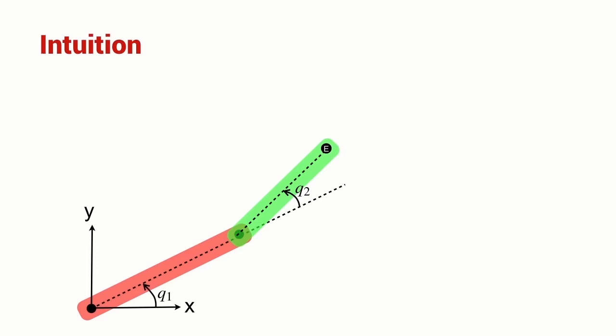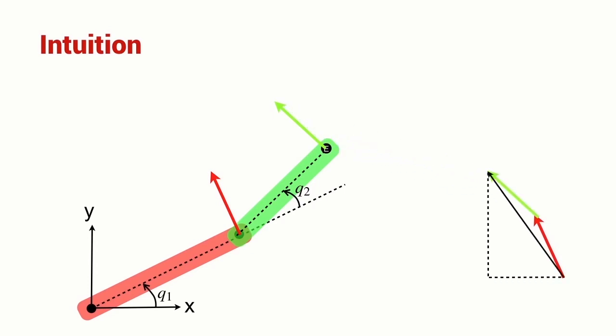Let's have a look at an example to get the intuition behind this. Once again, this is our two-link robot, and if I move joint 1, then the end of link 1 will move with a velocity like this. And if I move joint 2, then the end of link 2 will move with a velocity like this. The end effector velocity is the vector sum of these two velocities, so we can add the two vectors together, and this is the resultant.